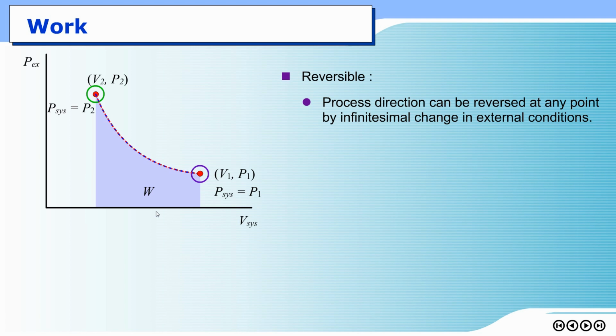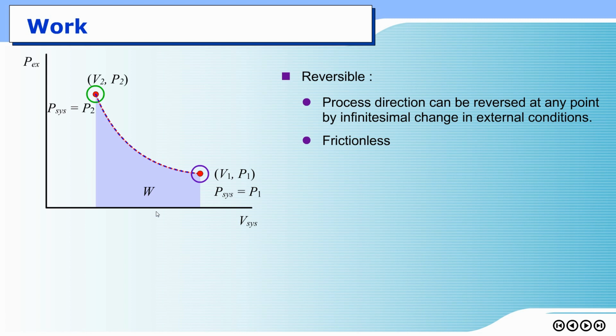If you give very small heat, it expands by a small amount. If the external condition, in this case heat, is applied in a very small amount, then whenever you reverse the direction of the heat, the process can be reversed. That kind of process is called a reversible process. All right.